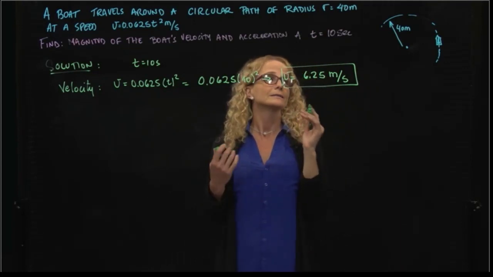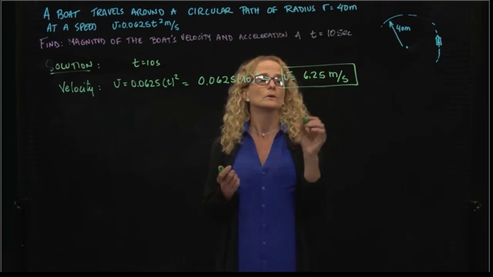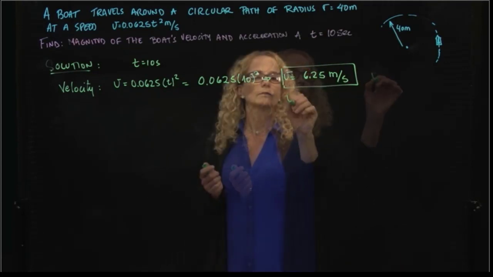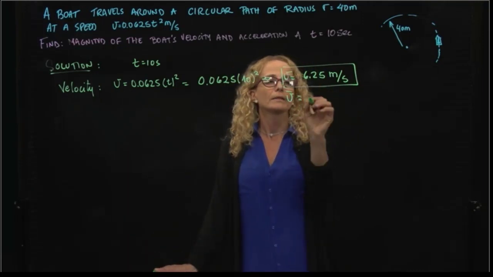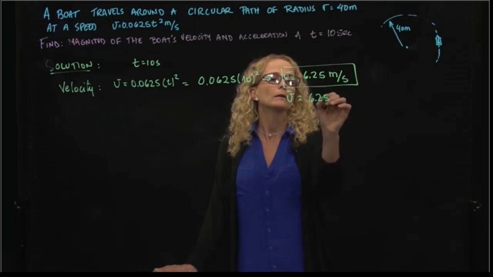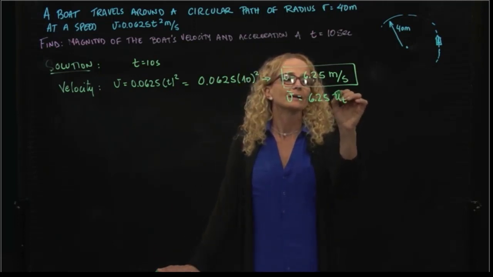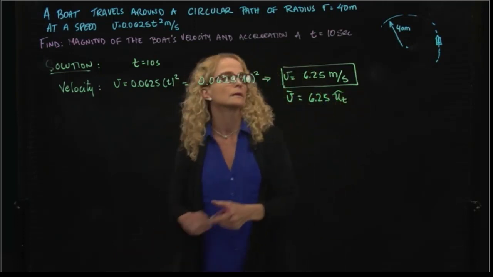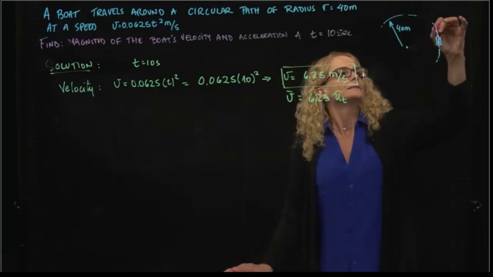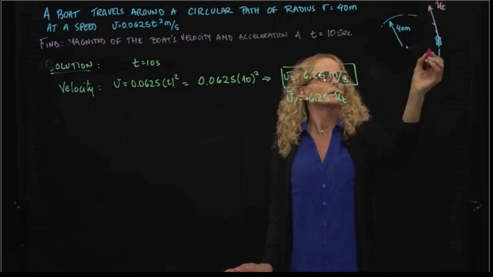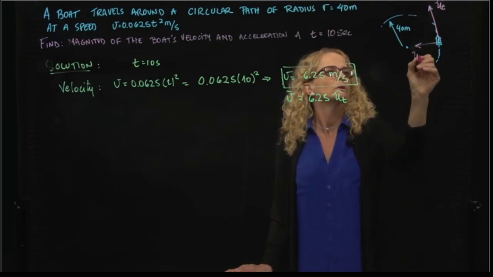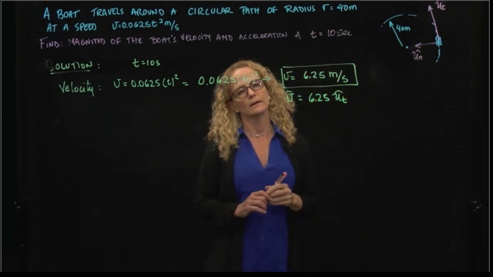If we want to write it as a vector, we need to know the direction. As a vector, our velocity is always tangent to our path, so it will be 6.25 in the tangent direction. What is the tangent direction? The tangent direction will always be tangent to the path. This is a unit vector in the tangent direction, and this is a unit vector in the normal direction.